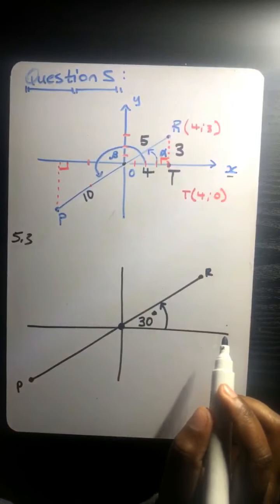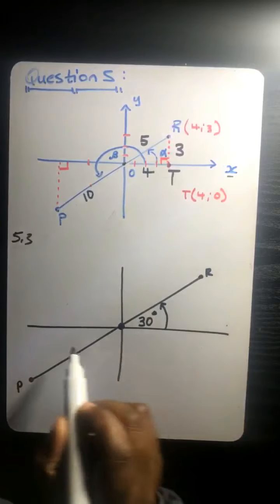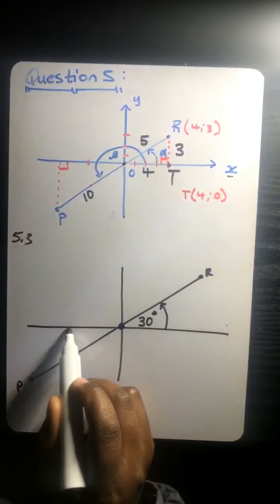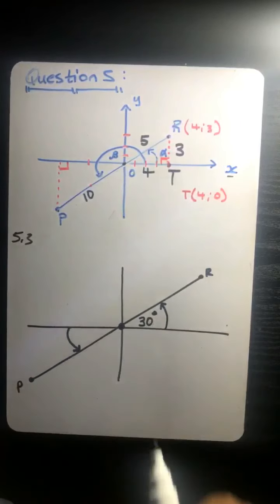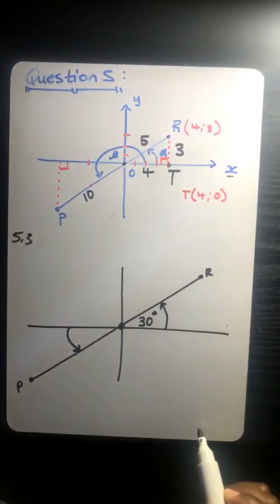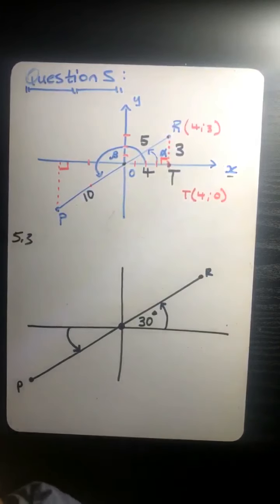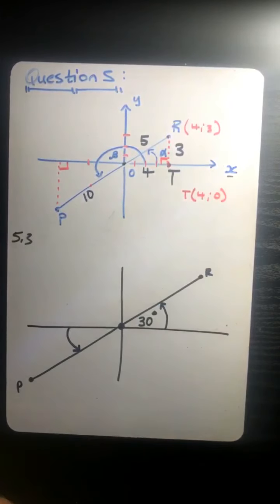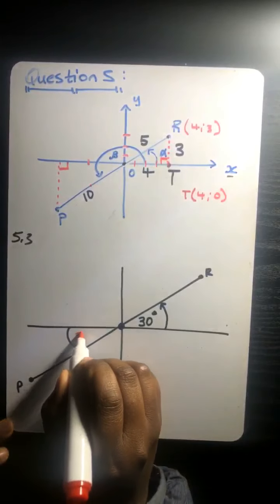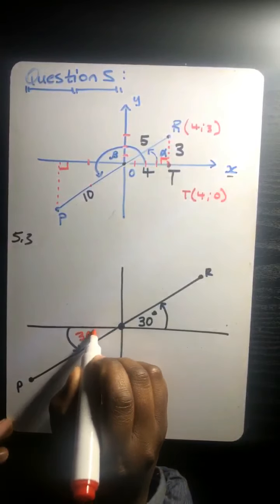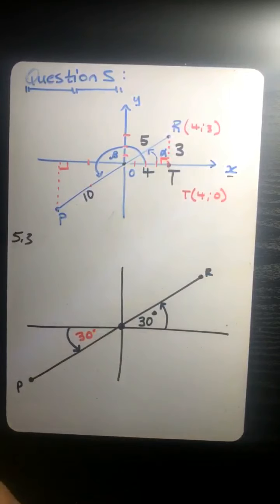Can someone tell me what this angle will be if this angle is 30 degrees? It is going to be 30 also, sir. Do you guys agree with her saying it is also going to be 30? Yes, sir.